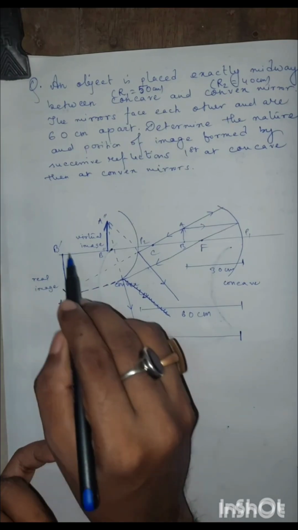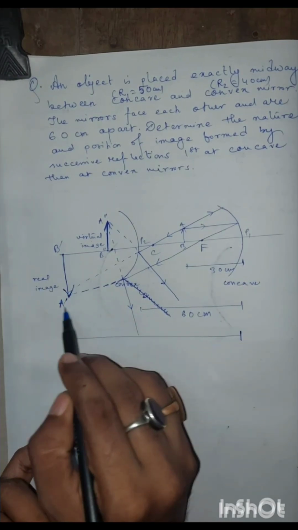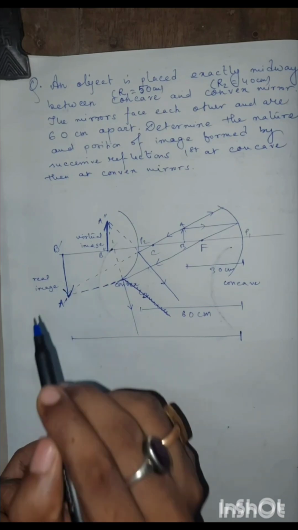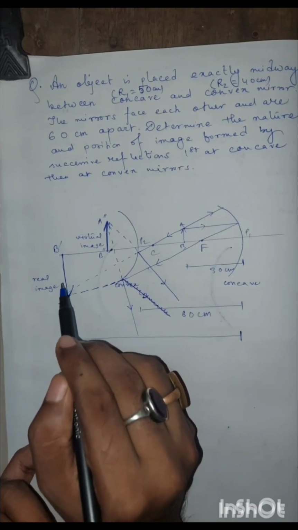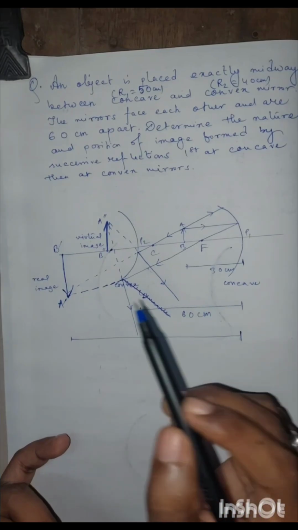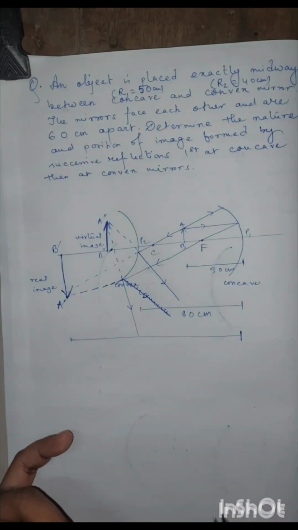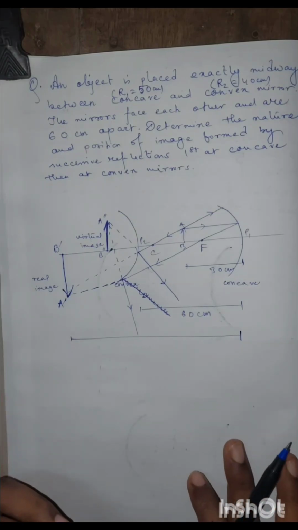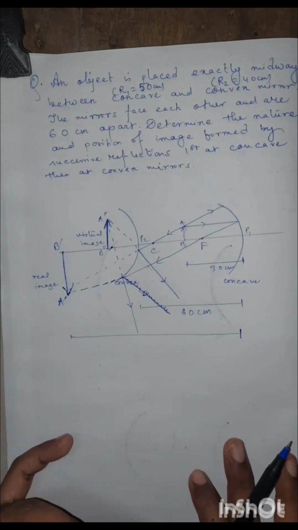So A dashed B dashed, which is actually an image, but it can act as a virtual object and produce another image. So this is what the diagram says.